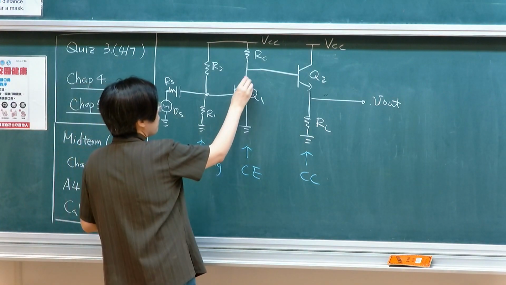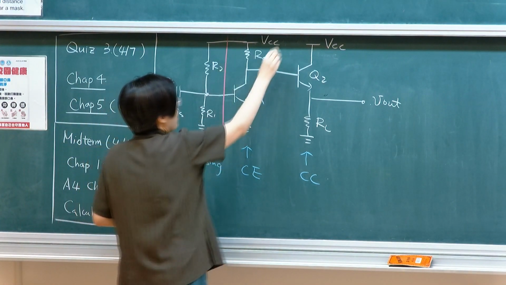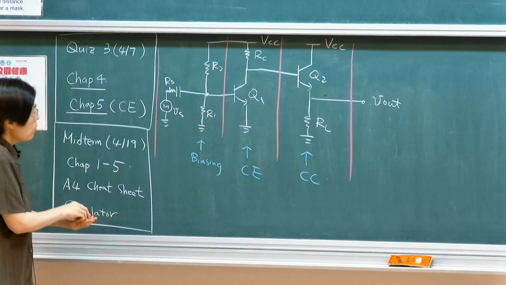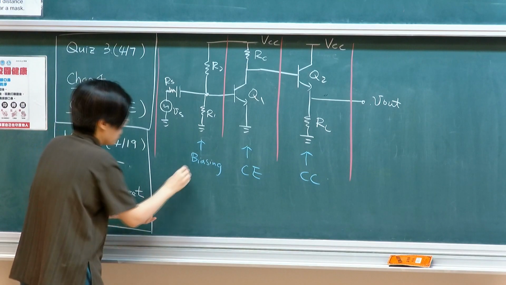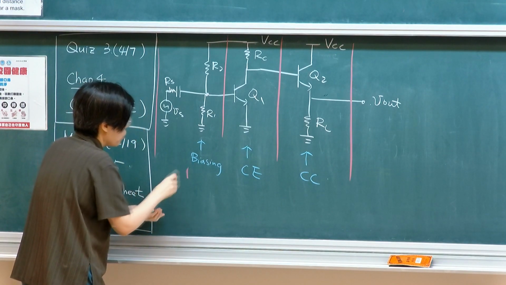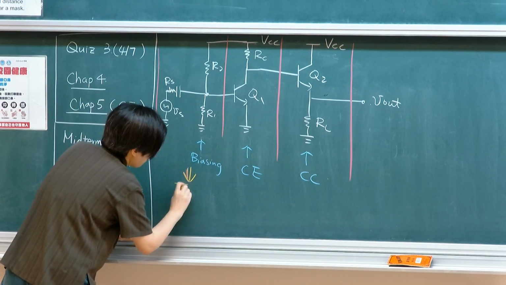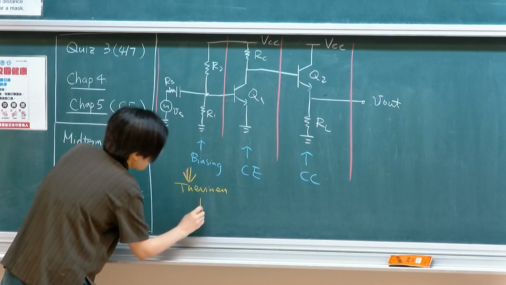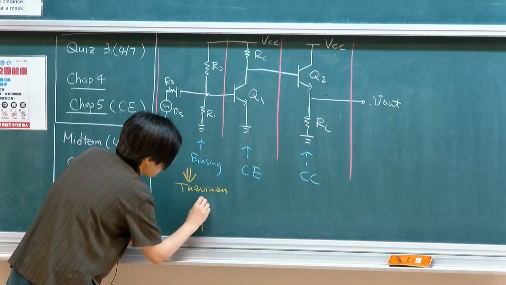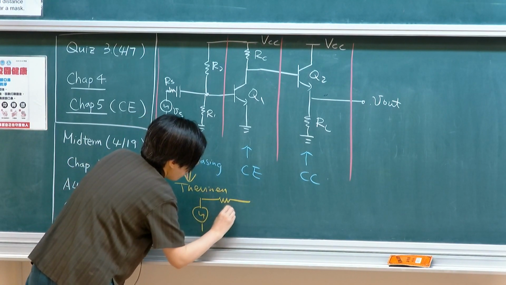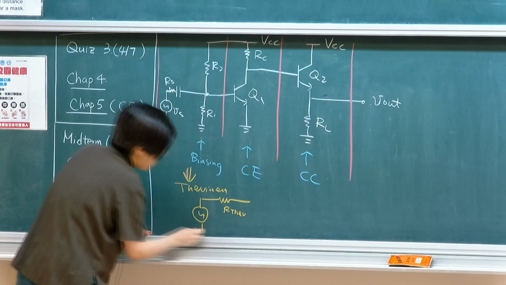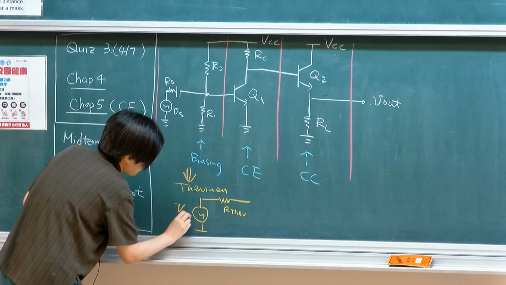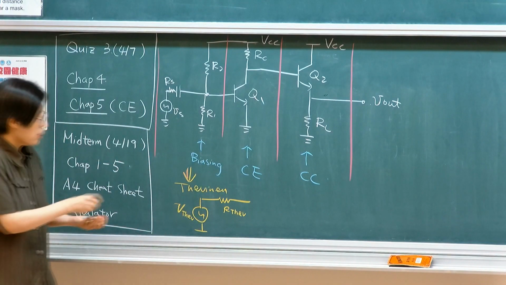What we do is that, first of all, you want to divide it into stages. So here this will be equivalent to a Thevenin equivalent, for example. You generate it as an R Thevenin, because this is single port, V Thevenin, right?